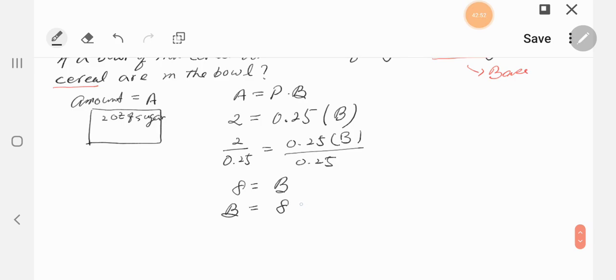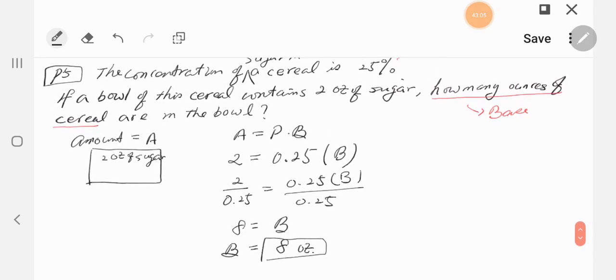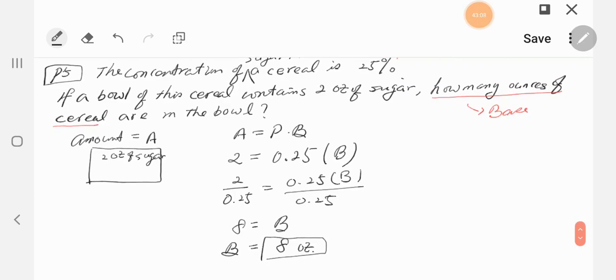So there will be 8 ounces, right? So 8 ounces is the amount of cereal in the bowl. So this is a percent times the base, PBA question.